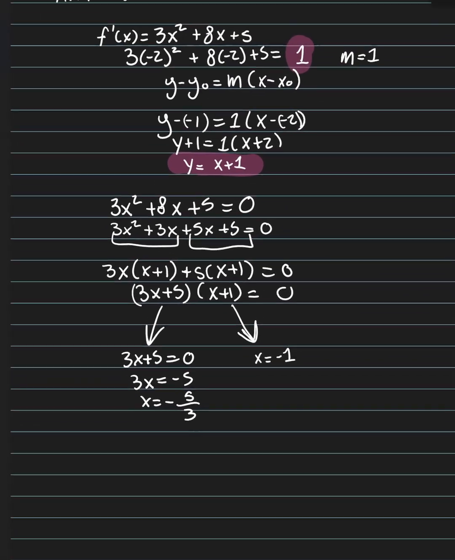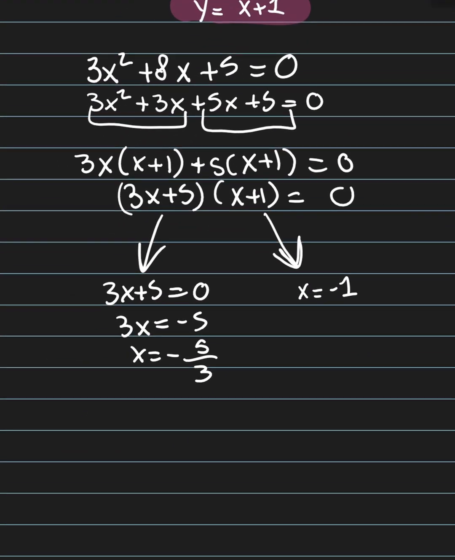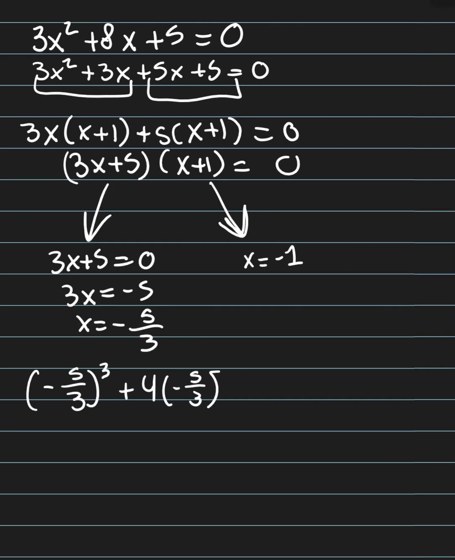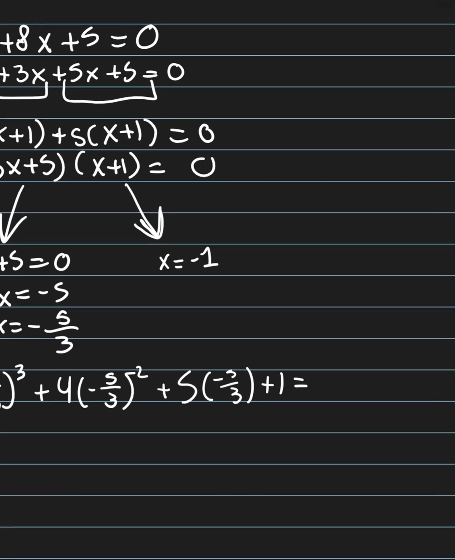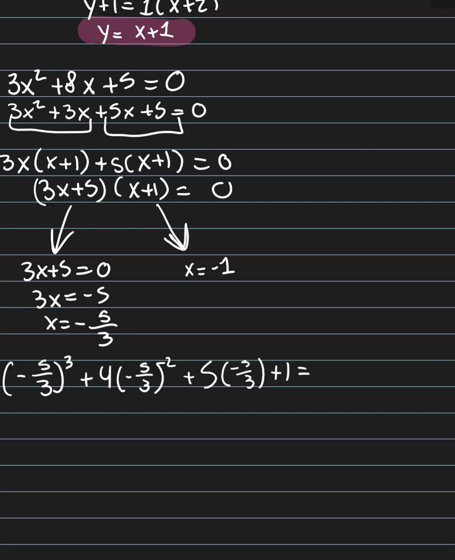So now let's plug these back into our original equation. So this one might be a little bit messy. Negative 5 over 3 cubed plus 4 times negative 5 over 3 squared plus 5 times negative 5 over 3 plus 1. This is disgusting, but it is what it is. So let's see that on the calculator.